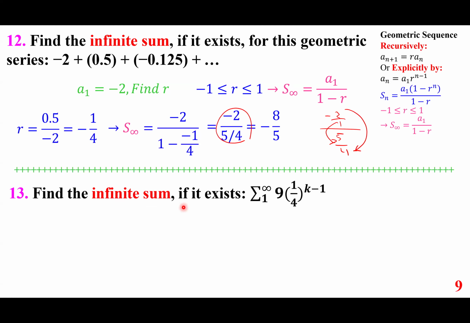Find the infinite sum if it exists for this case. You may recall that we did this in the beginning and we got, if you plug in 1, you get 9. If you plug in 2, you get 1/4 times 9, 9/4, and then 9/16.